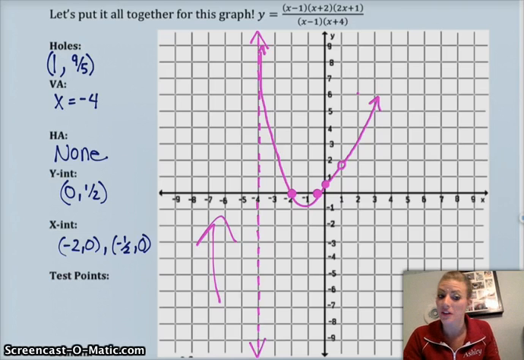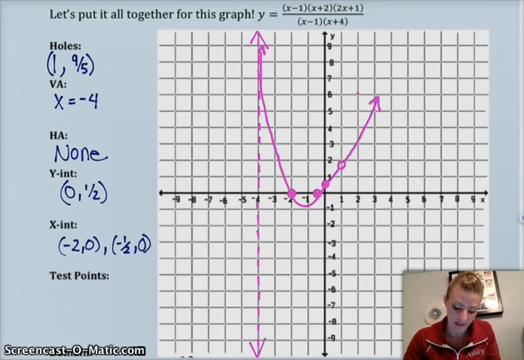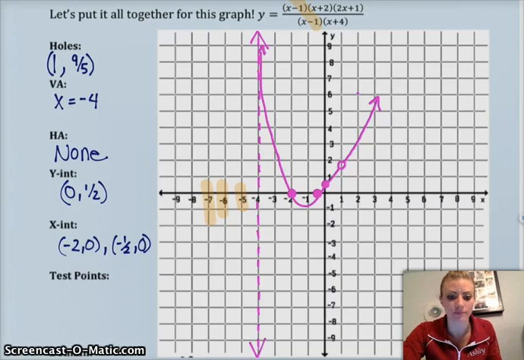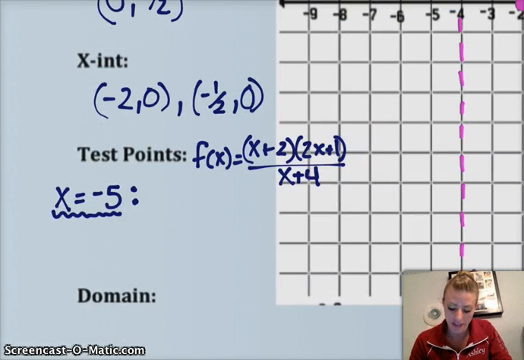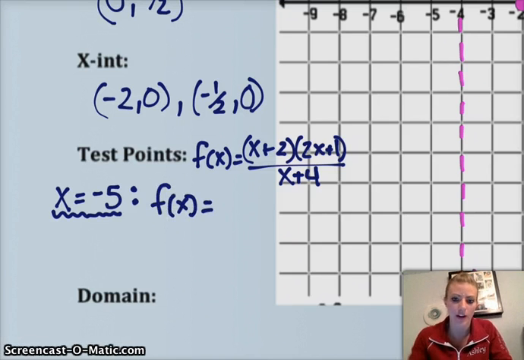So perhaps -5 might be a good idea. -6 might be a good idea. -7 might be a good idea. Any of those points will work. So let's plug them in, and you can plug them in to the function after you've canceled out the x minus 1s. All right, so when x equals -5, f of x is what we want to figure out. So we just plug in -5 for x and figure out what y would be.